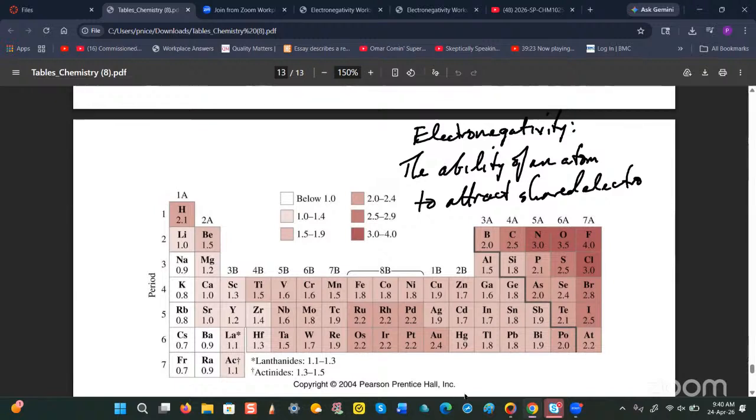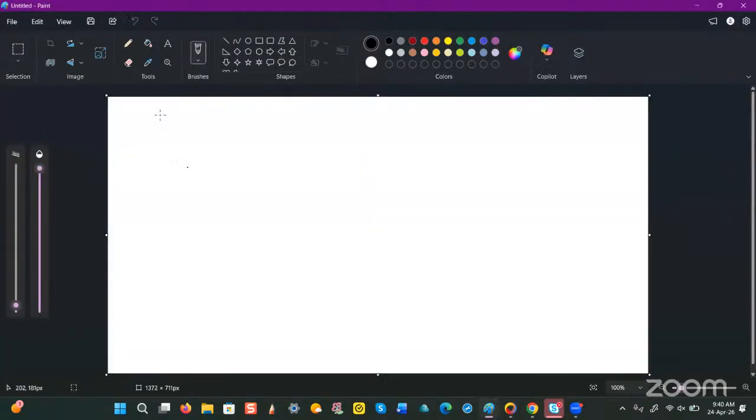So what I'm going to do is construct a little table, which basically summarizes the criteria, right? It's a very small table where here I'm going to have the difference in the electronegativity values, and here I'm going to have bond type, all right?